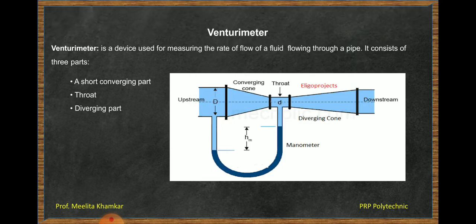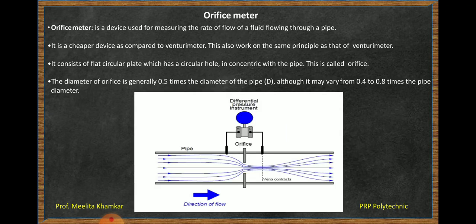Then next is orifice meter. The orifice meter is a device which is used for flow measurement. It works on the same principle as the Venturi meter, but its cost as compared to the Venturi meter is less. The orifice meter has an orifice plate.